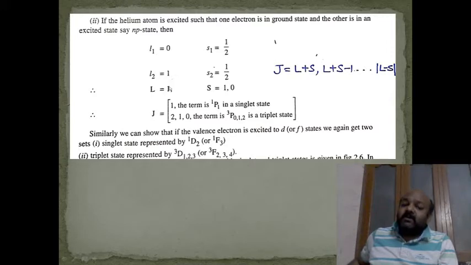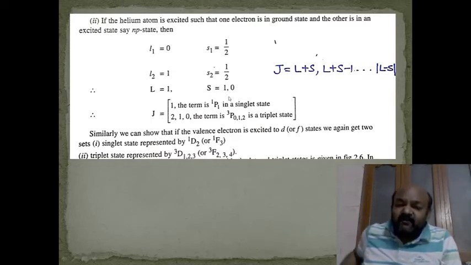When the electron is excited to a higher state, again both the electrons can be in the spin up state. Half plus half is 1, half minus half is 0. So two values are there. Right, dear friends?